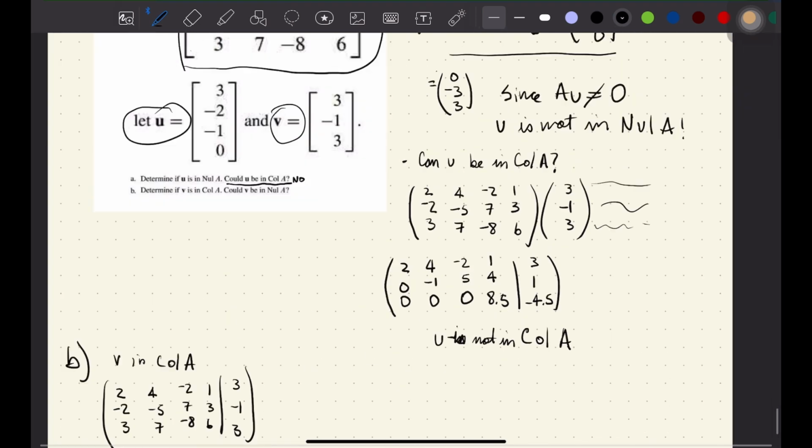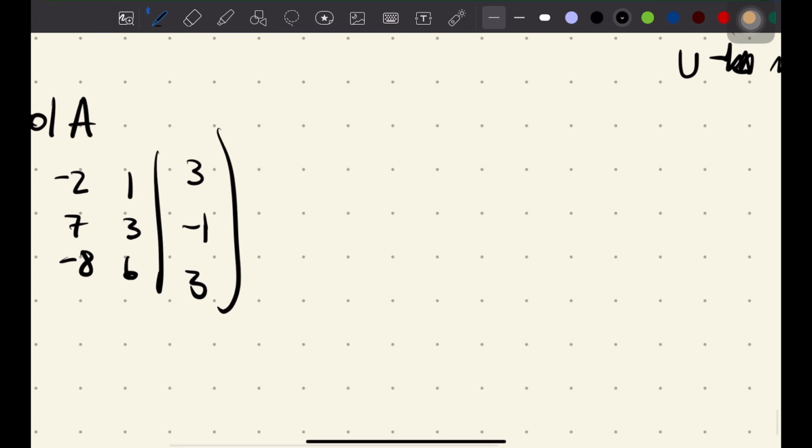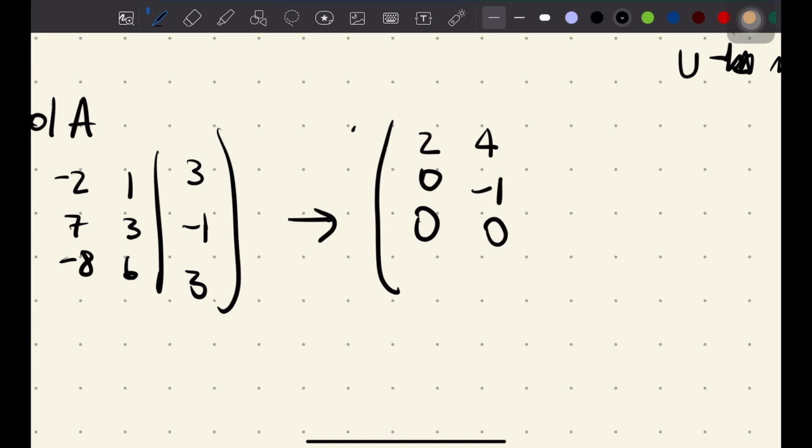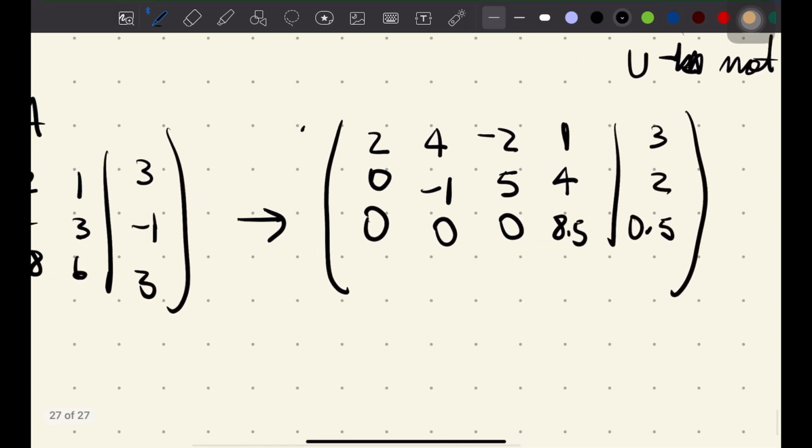Sorry, I was looking at my paper trying to understand all the math. This will be the reduced echelon form, row reduced, however you want to call it. So 5, 0, 1, 4, 8.5, 3, 2.5.